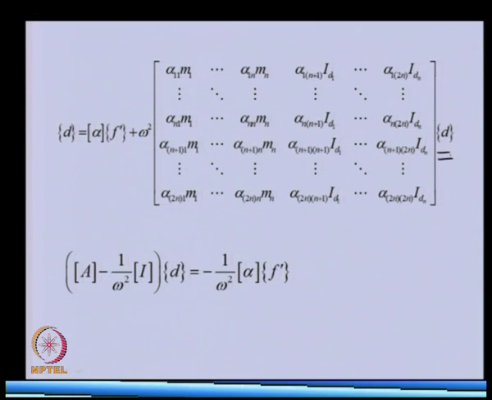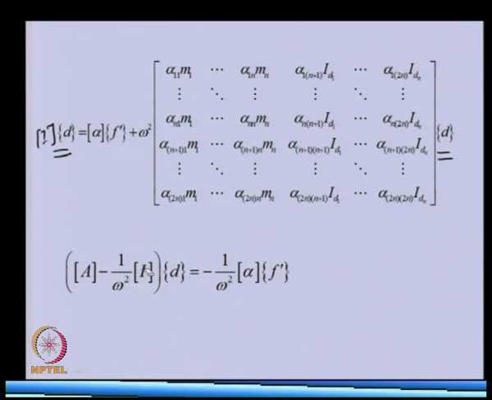Here we have the D displacement vector, here the displacement vector, they can be combined. So, what I am doing, I am putting this particular D vector on the other side, and this can be multiplied by the identity matrix.